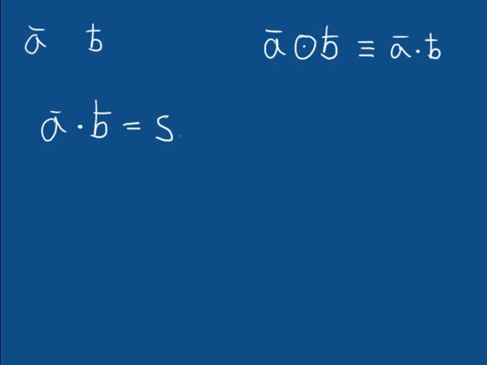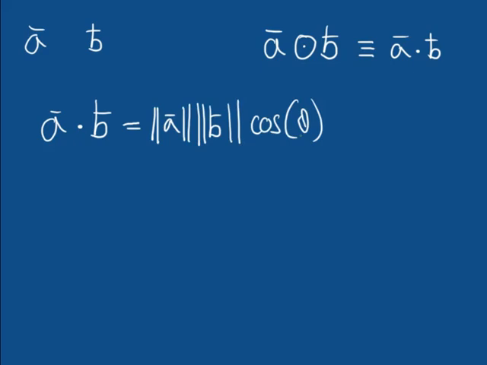Well, the scalar value S is of great significance to us because we define the dot product of A dot B as being equal to the magnitude of A multiplied by the magnitude of B multiplied by the cosine of the angle between those two vectors. The length of A, the magnitude of A, is just a scalar value.